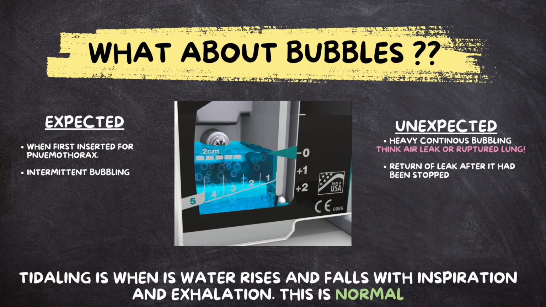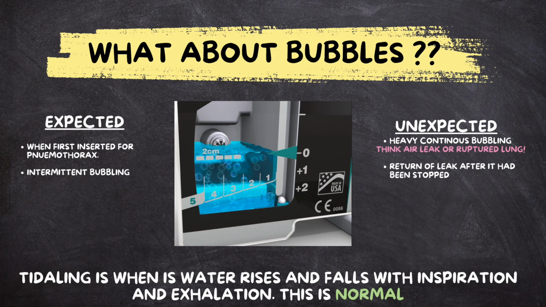Yes, you would, because we're removing air from that pleural space. Air coming through water makes bubbles. So that would be an expected thing to happen, to have bubbling in your water seal chamber after putting a chest tube in for a pneumothorax.